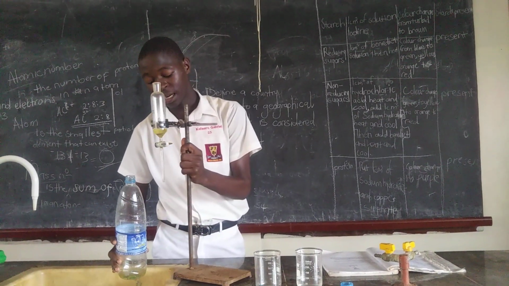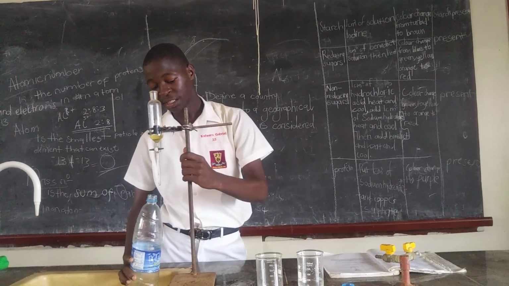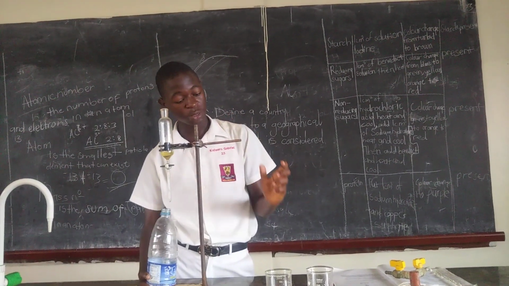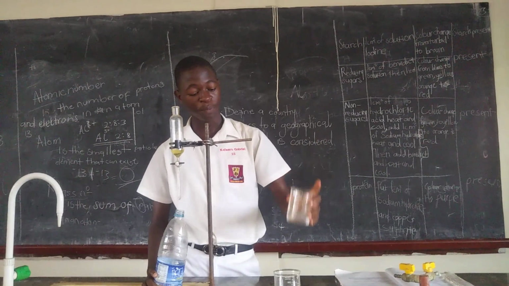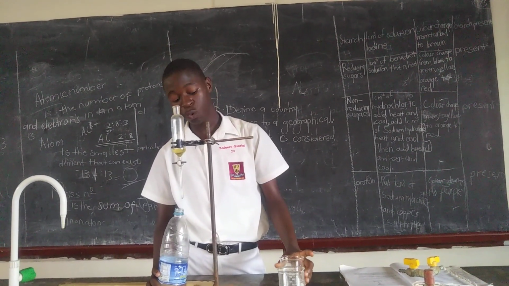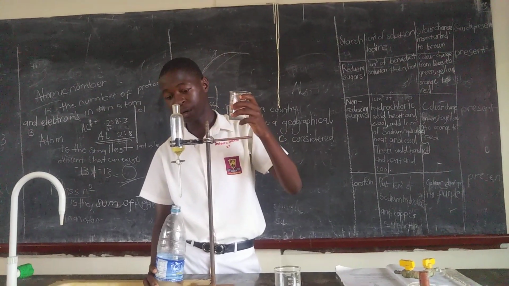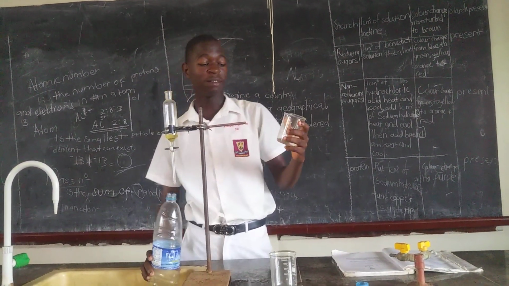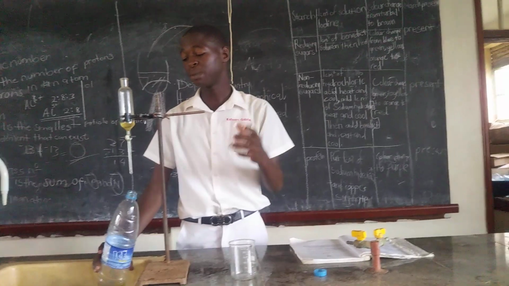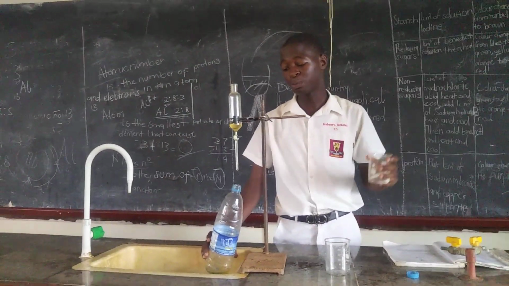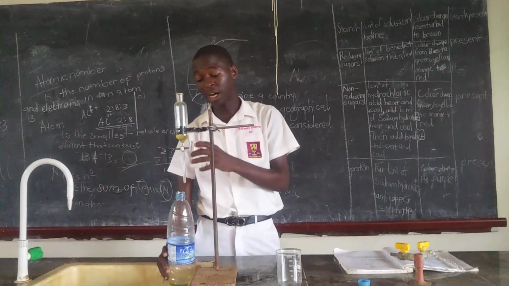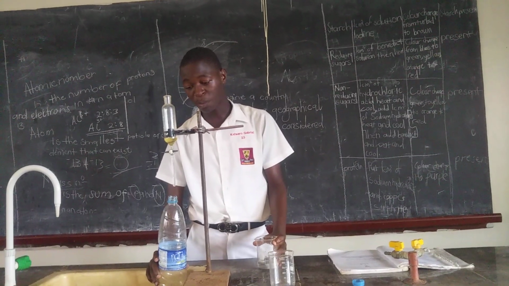You have seen that we have already proven that this cooking oil is less dense than water, and this water is denser than cooking oil. Some people will say, no, you first poured water, then cooking oil, so automatically the last thing will be on top.